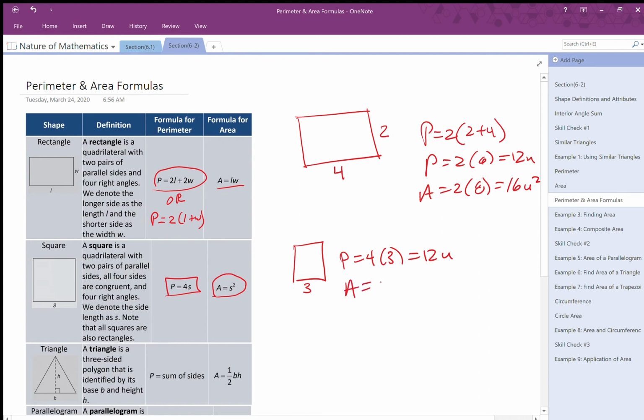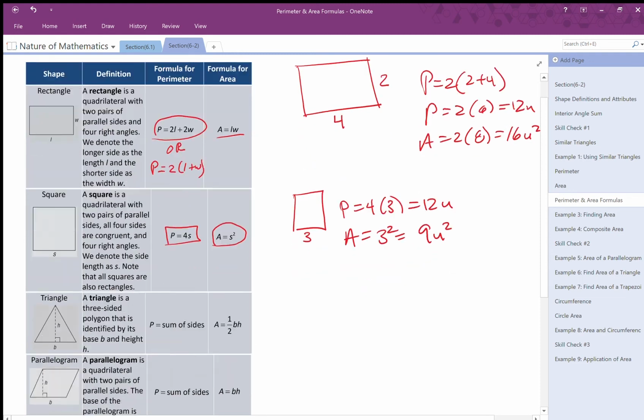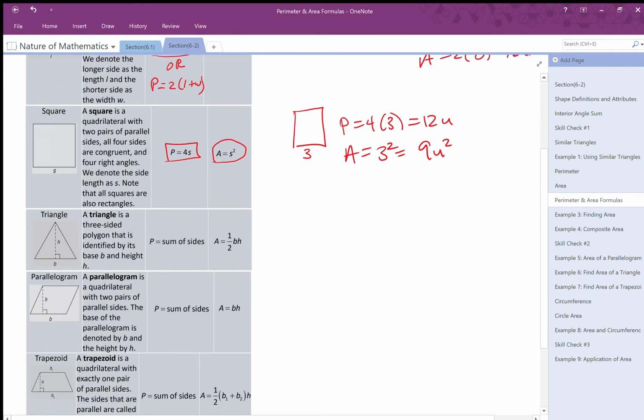Area would be 3 squared, which is 9 units squared. Triangle has a perimeter, which is the sum of the 3 sides, and an area, which is 1/2 base times height.